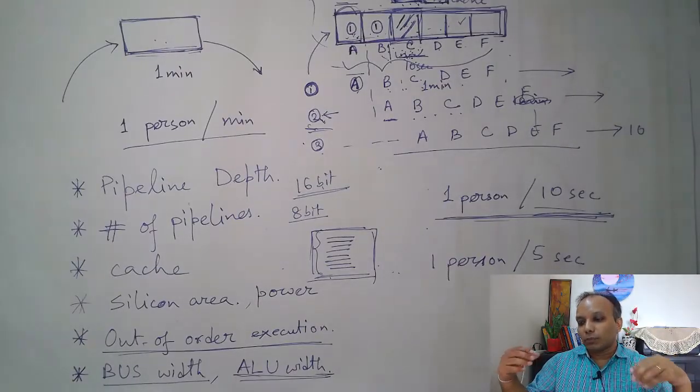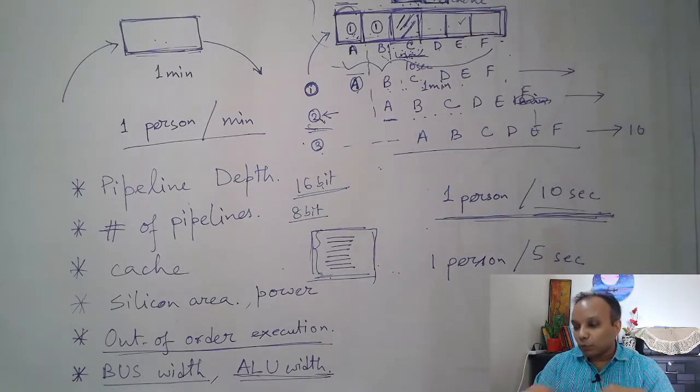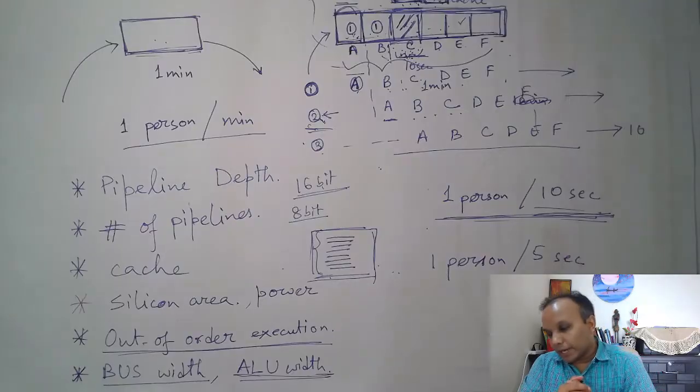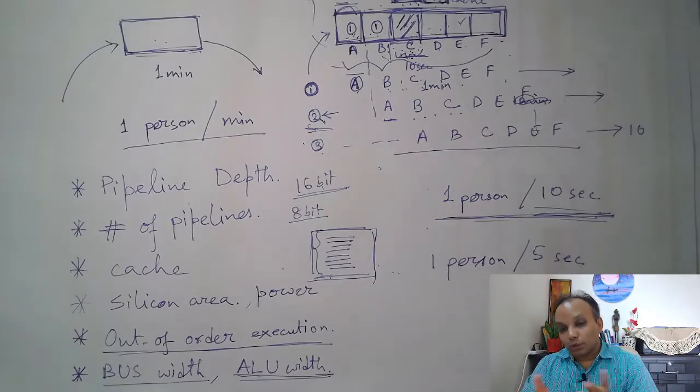We got some idea about what pipeline is, what the depth of pipeline means, and the number of pipelines in a processor. We also, through crude examples, looked at the usefulness of cache, etc. We also talked about out of order execution, bus width, ALU width, etc.